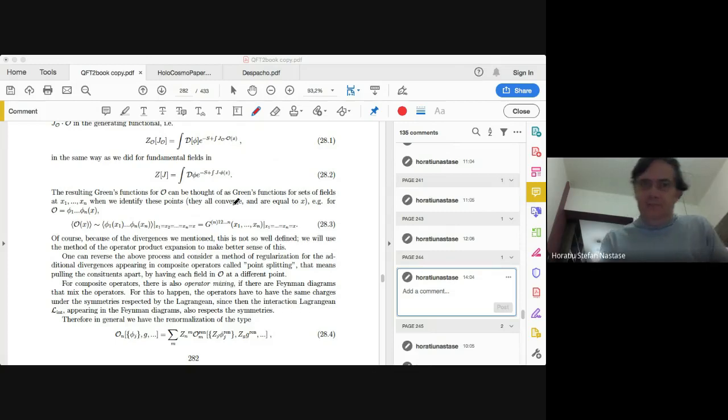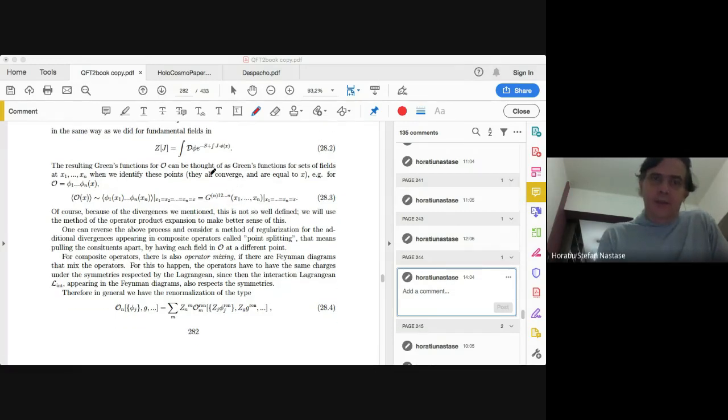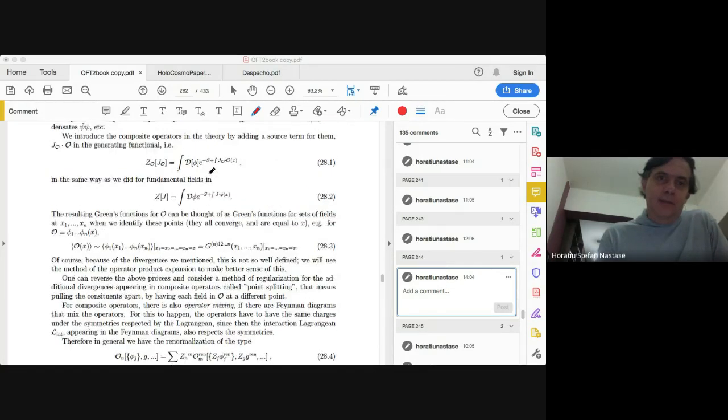And then the Green's functions of the operators are obtained in the same way as we obtain the Green's functions for the fields from the path integral partition function, by taking derivatives with respect to the source.